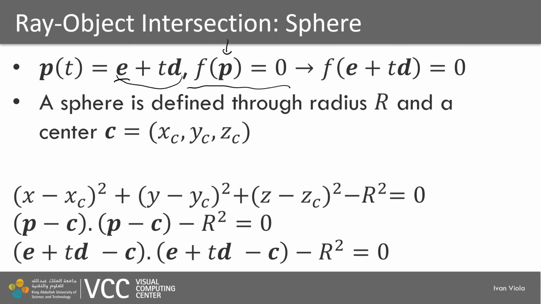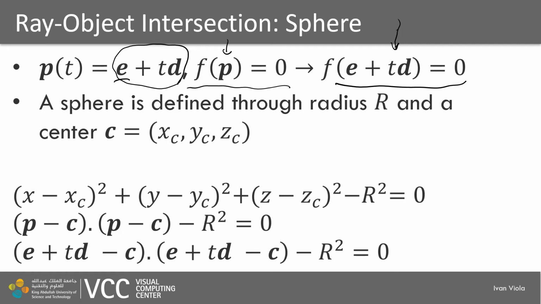And then these will be the terms which we are putting into the implicit equation, as we can see here. And then we are not evaluating whether or not it is equal to 0, but we are evaluating for which t value this function will result in 0.